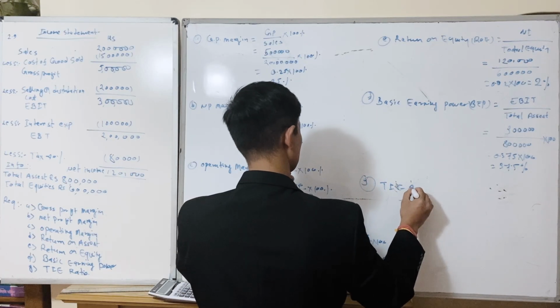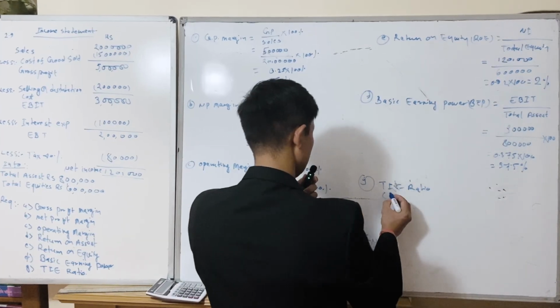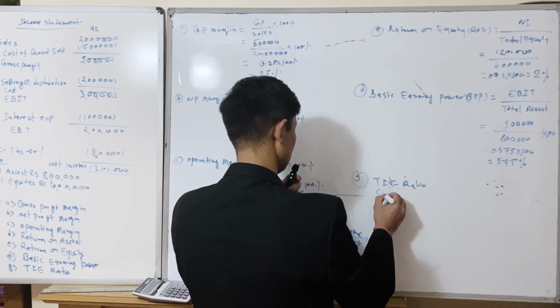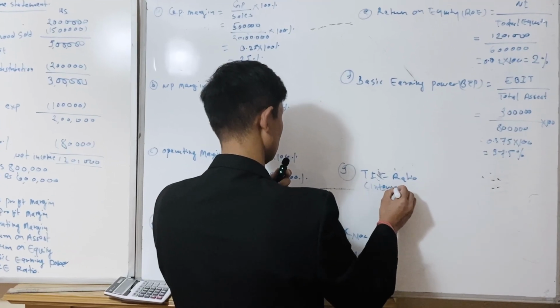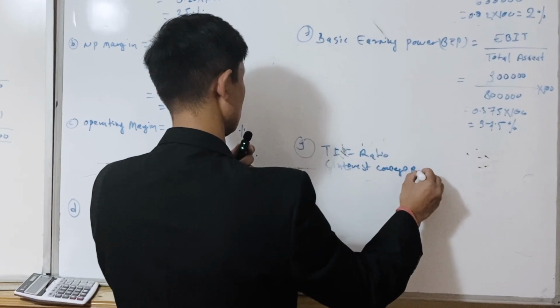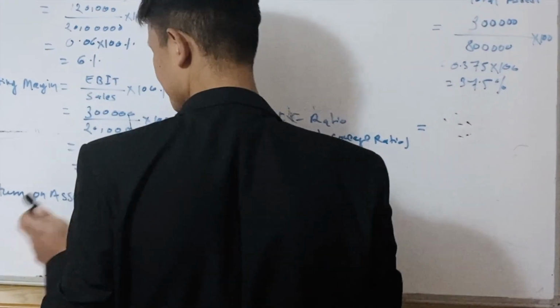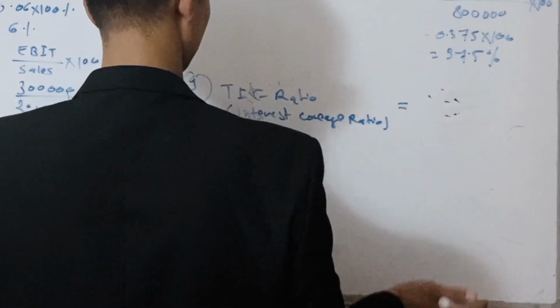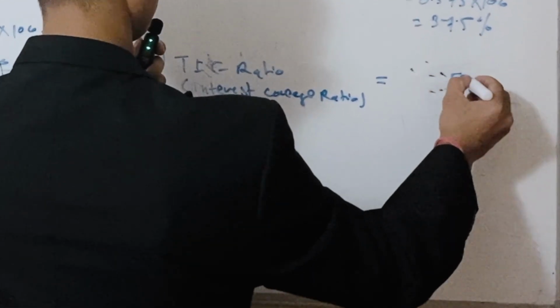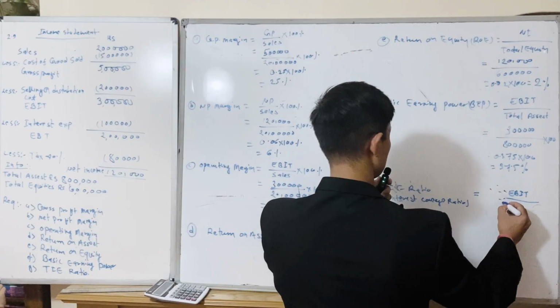The final calculation is the TIE ratio, which is also known as the interest coverage ratio, which is calculated as earnings before interest and tax divided by interest expenses.